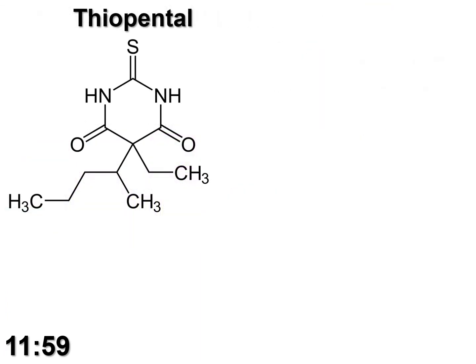So kinetics not only has an efficacy aspect to it, kinetics can also determine the onset of the effect of a drug or the onset of when the drug ceases to function. For instance, this drug right here, thiopental, is a very, very good anesthetic. It's part of a family of drugs called barbiturates.